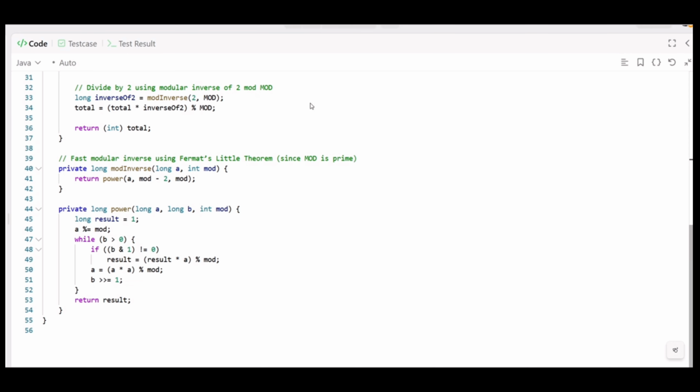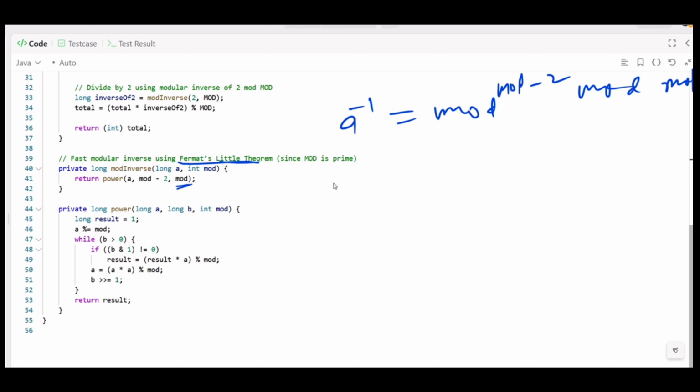I have no worry, okay? So what I was saying: Fermat's little theorem, if the mod is prime, then we have to use this one. To find the inverse of a under mod m, we use a to the power mod minus 2. Why?